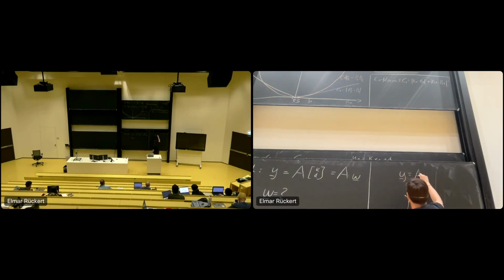Let's do it step by step. I will multiply this equation with something. Who has an idea? Let's multiply it with A transpose. What do I need to write down now in the next equation?